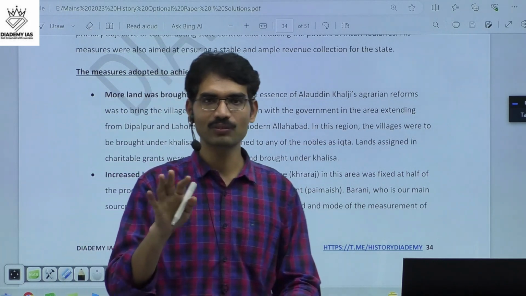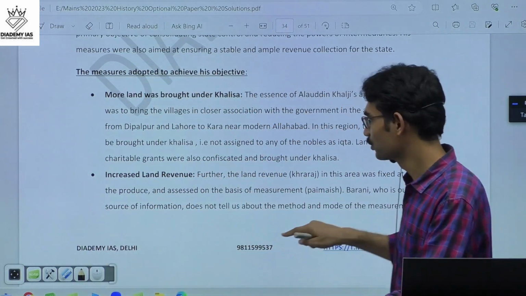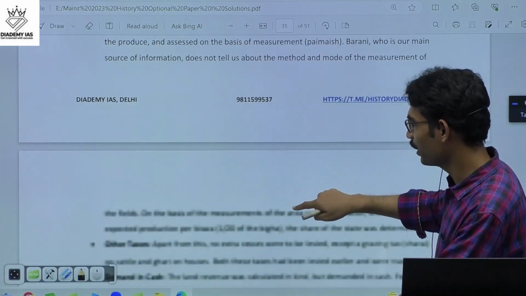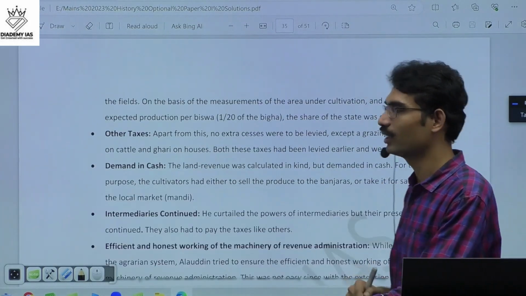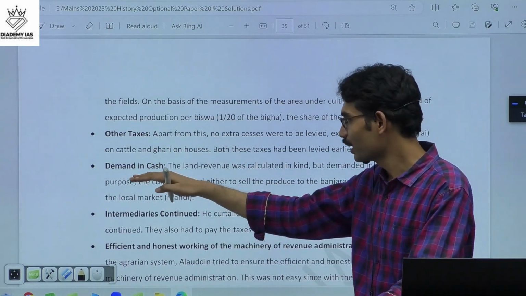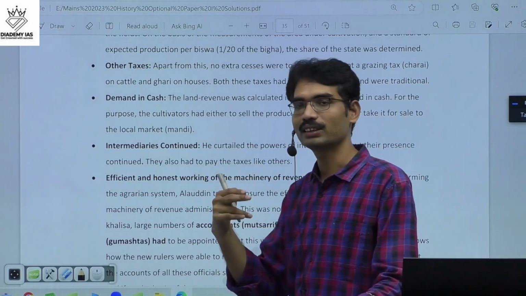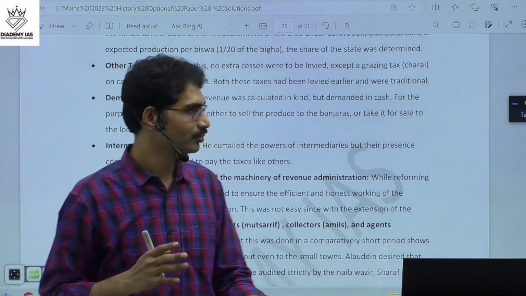Earlier intermediaries were given exemption, but now land revenue increased and intermediaries also have to pay taxes. Other taxes he also imposed. Demand in cash. Intermediaries continued, but they also had to pay the tax.